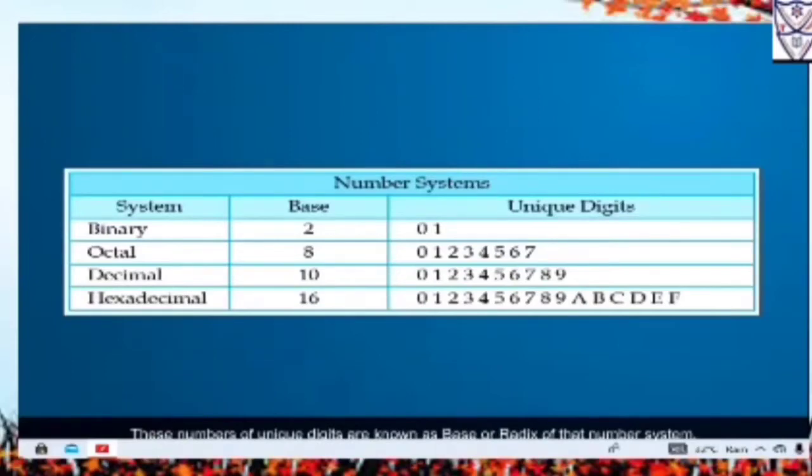This number of unique digits is known as base or radix of that number system. Let's discuss the characteristics of each number system and how they are represented in the digital form one by one.